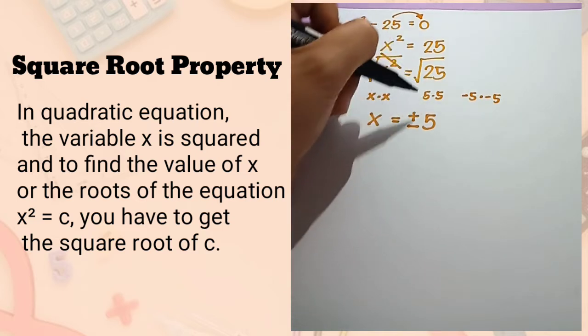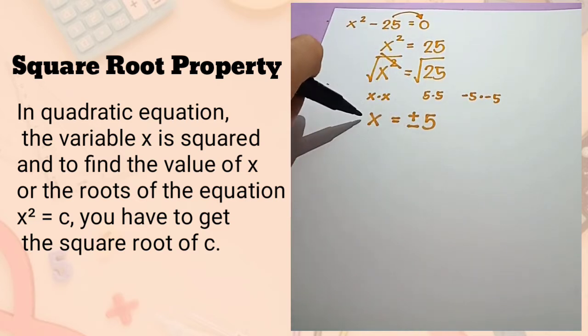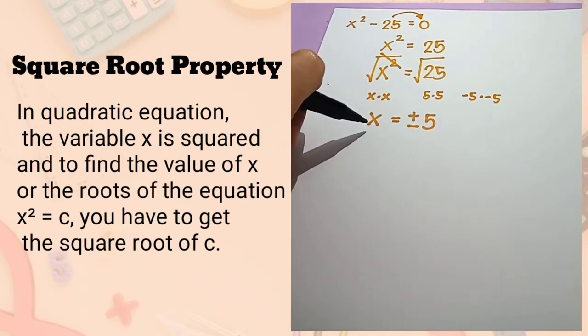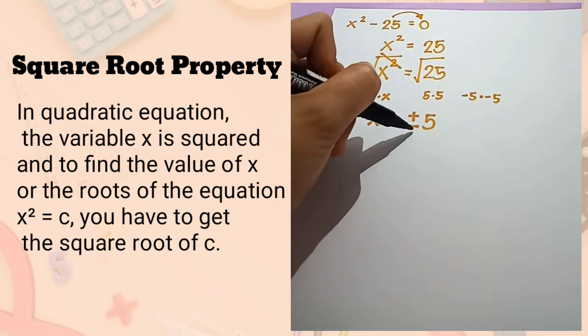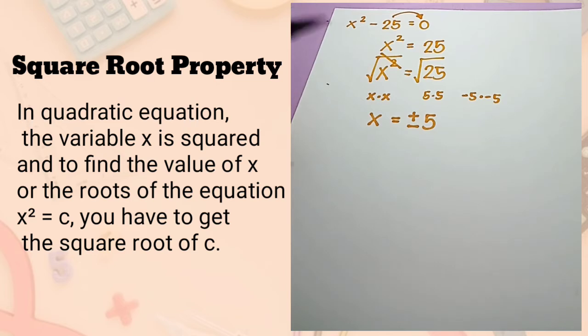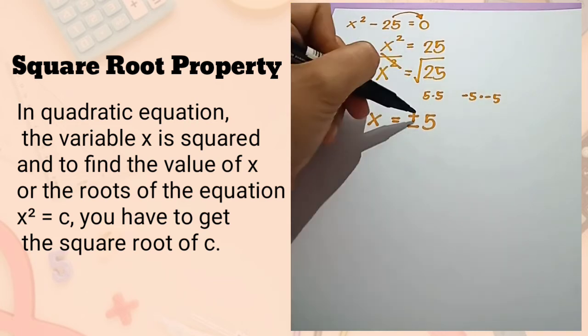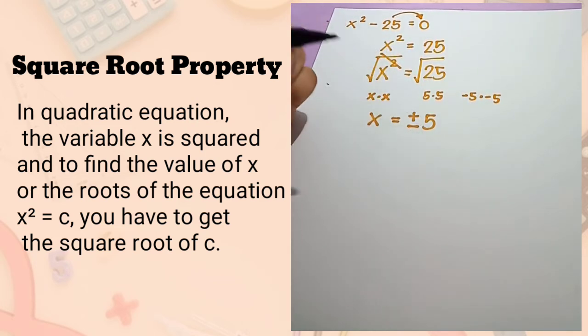Kaya, pwedeng yung value ng x natin ay positive 5 at yung isang value ng x natin ay negative 5. Therefore, the roots of the quadratic equation are positive 5 and negative 5.